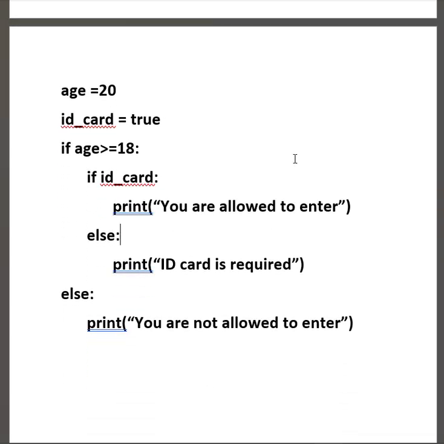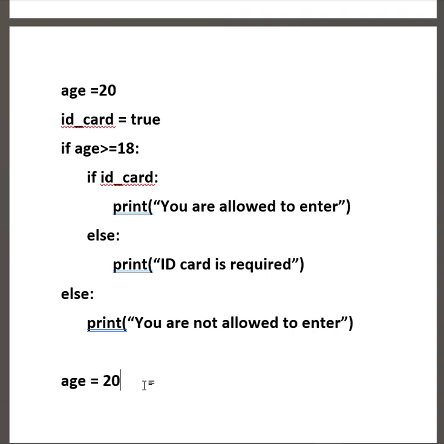For example, I am taking his age equal to 20. What will be the answer? The first if condition is true, then it will execute the inner if, or else it automatically skips this part and goes to the outer else part.